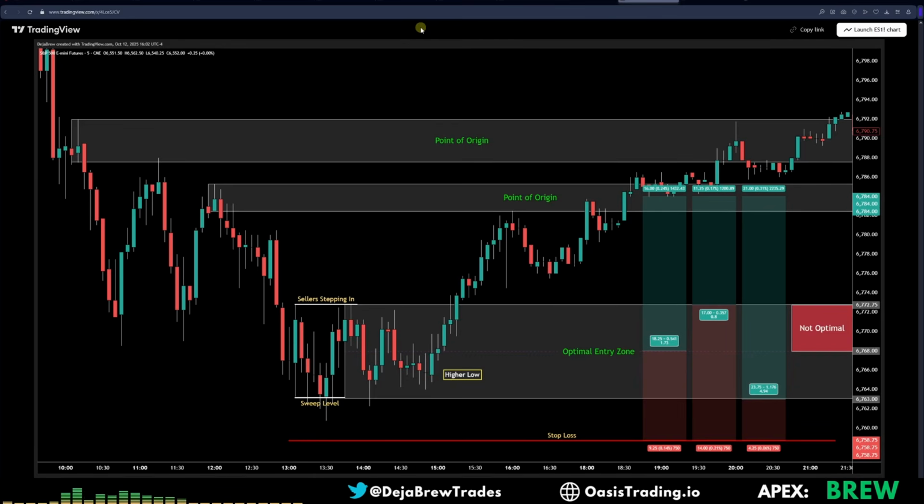Their risk to reward gets worse and worse until it gets to a point where it's not even the same trade anymore. You're no longer taking a good trade. You have allowed that trade to play out so much because you think that it's quote unquote confirmation. You shouldn't even be taking that trade anymore.